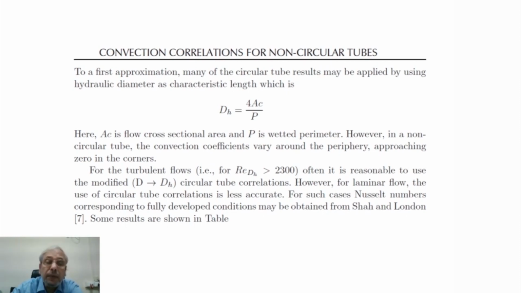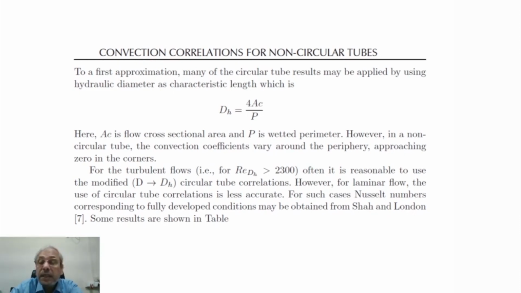For turbulent flows, that is for Reynolds number greater than 2300, often it is reasonable to use the circular tube correlations modified with D_H instead of D. However, for laminar flow, the use of circular tube correlations is less accurate.